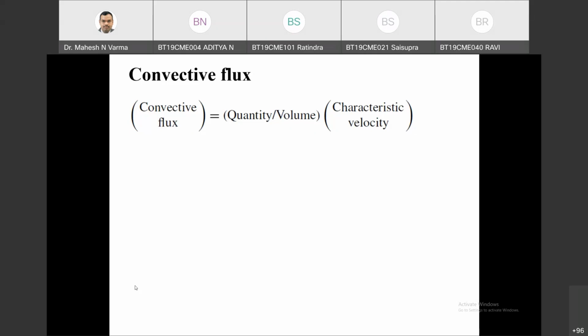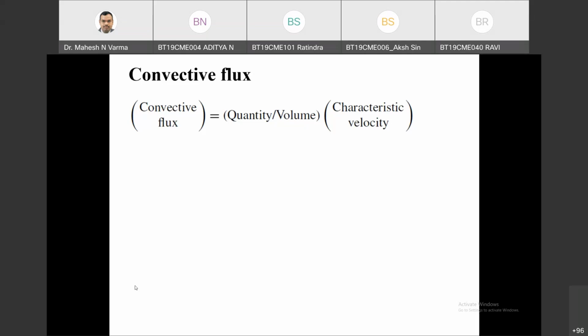Momentum into, momentum is mass into velocity. No sir, I'm mistaken. So quantity per unit volume is? It would be density into velocity. Very good. Density into velocity is a quantity per unit volume. Momentum per unit volume in momentum flux.